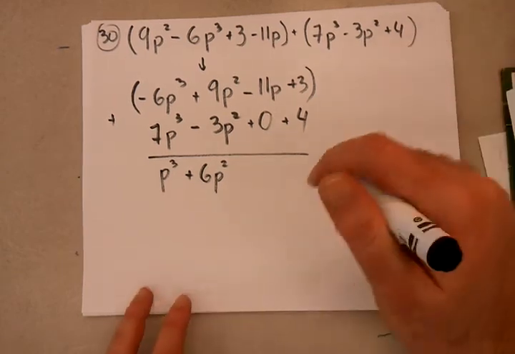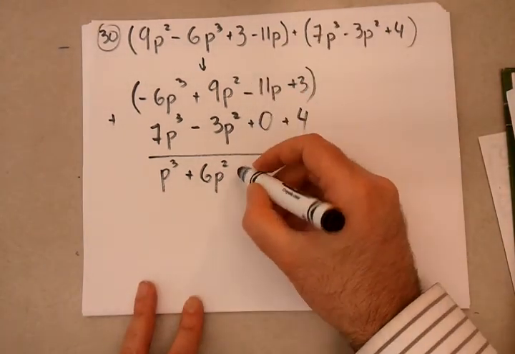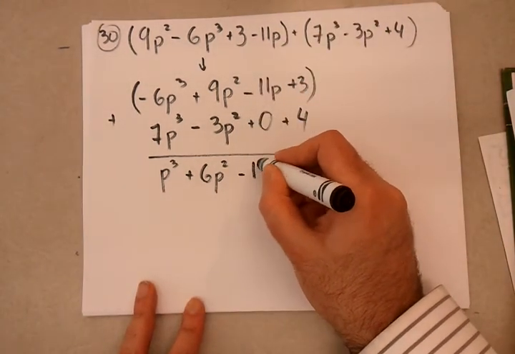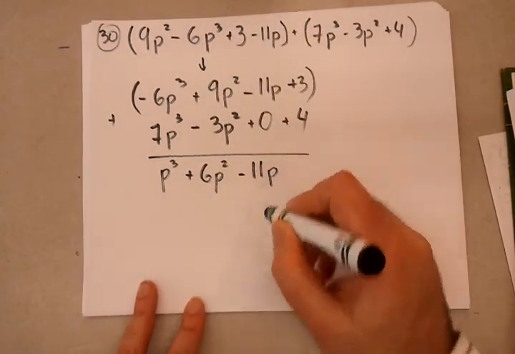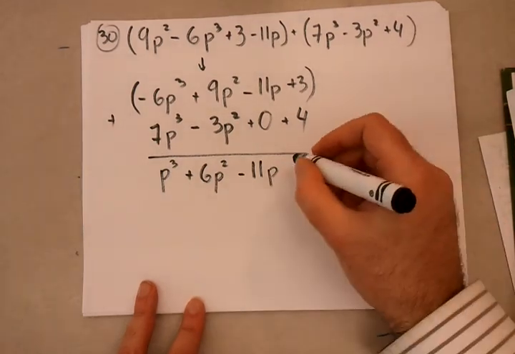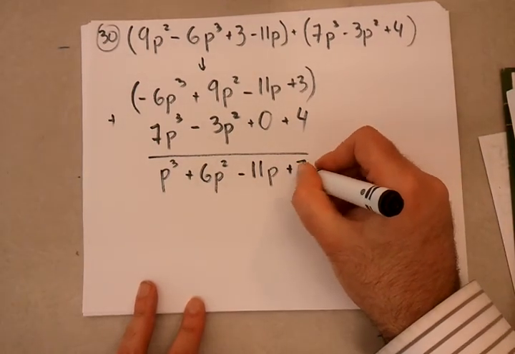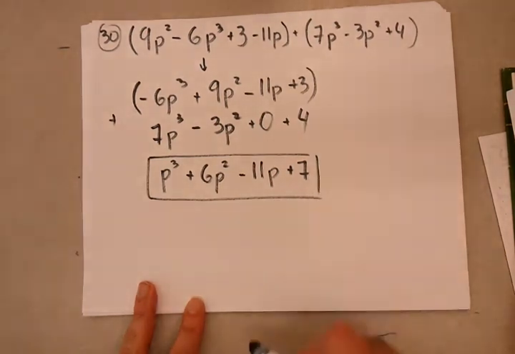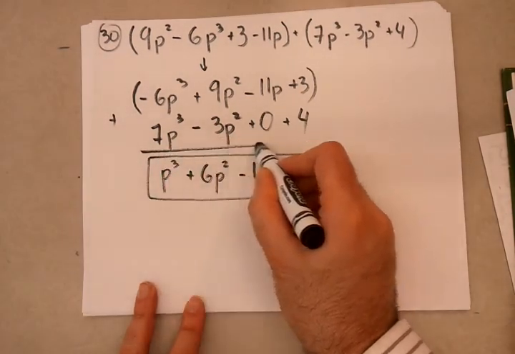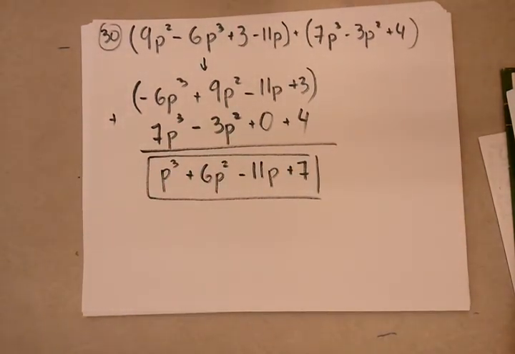The other polynomial didn't have a counterpart, so it literally just comes down. I honestly would rather not even put the 0 here, just leave that blank. And then plus 3 plus 4, it's a plus 7. That's it. That's your brand new polynomial made from the 2 previous polynomials.